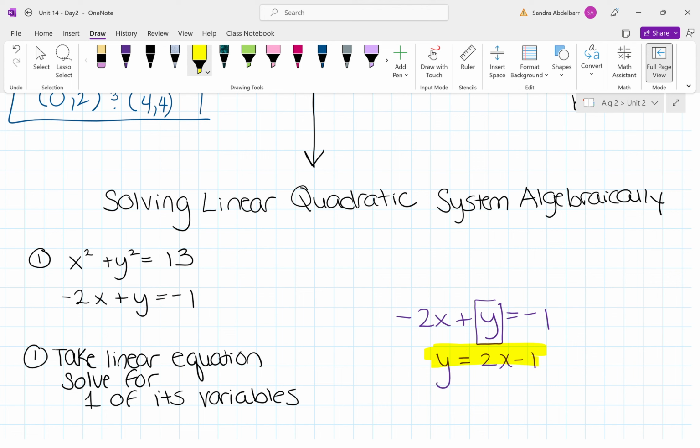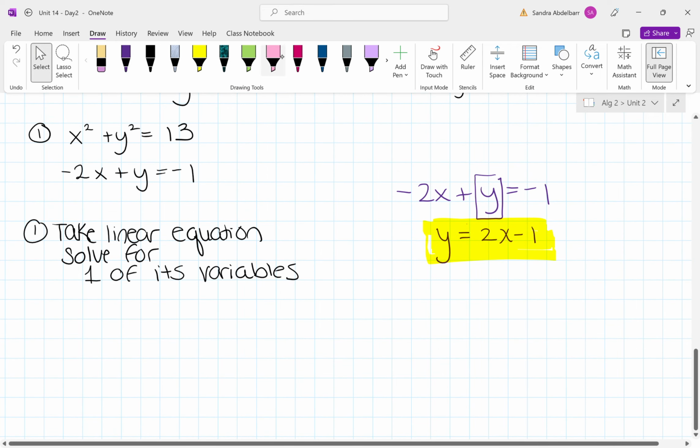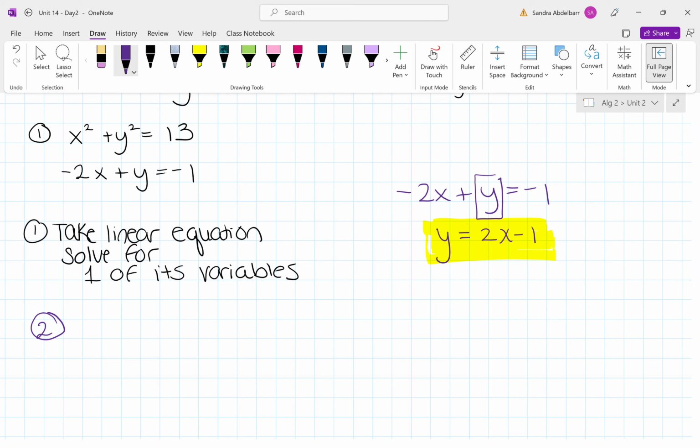Now that I've solved for one of the variables, I'm going to go back to the quadratic equation. And anytime I see y, I'm going to now substitute in the 2x minus 1. So step number 2: substitute result from step 1 into the quadratic equation.